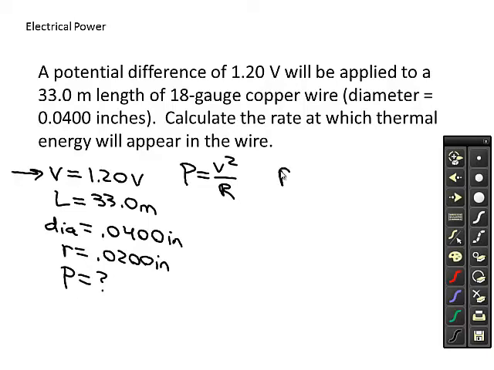Remember, R is equal to resistivity times length divided by area. So when you solve this problem, I would use the length in the equation, and the resistivity of copper we could look up.